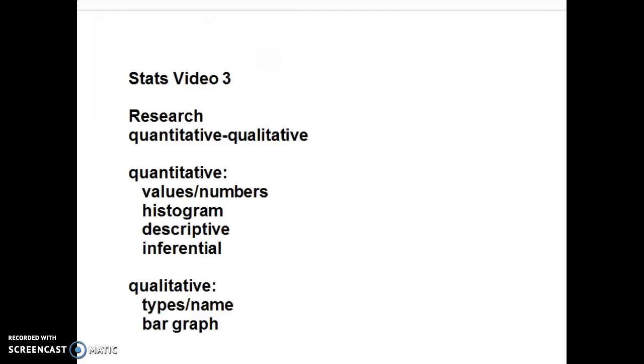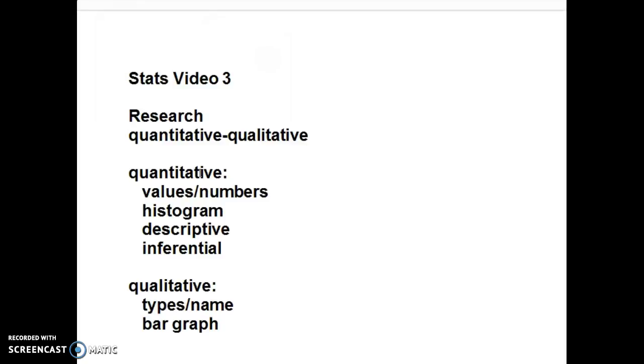Now, under quantitative research, we have descriptive research. Descriptive research would be a population. And a population can refer to any of the whole that we are studying. It does not refer just to people, but any of the whole.